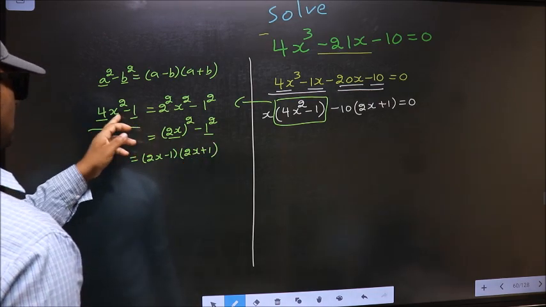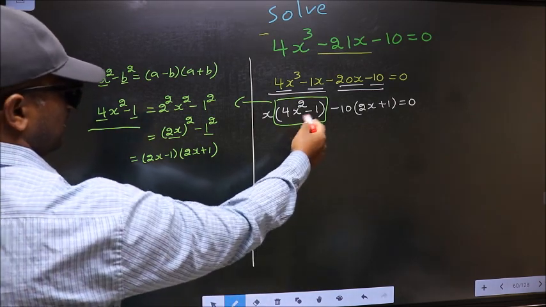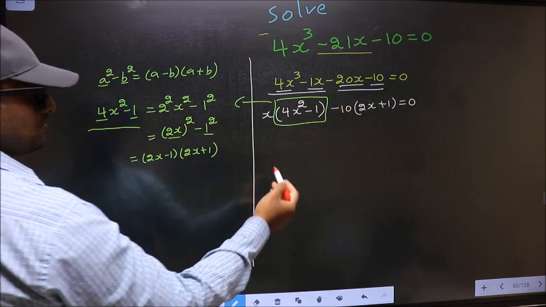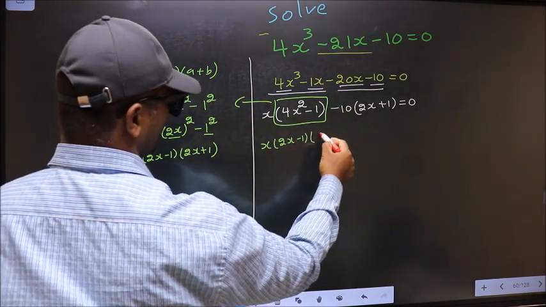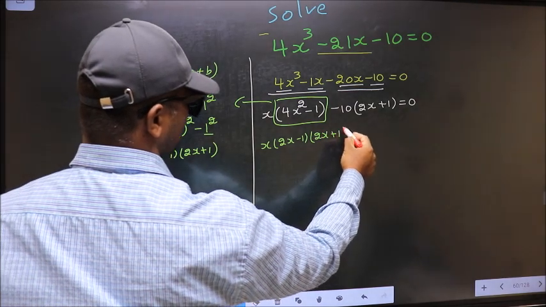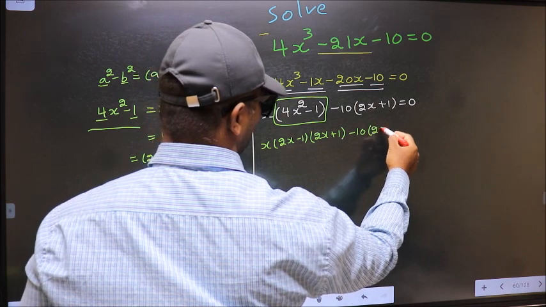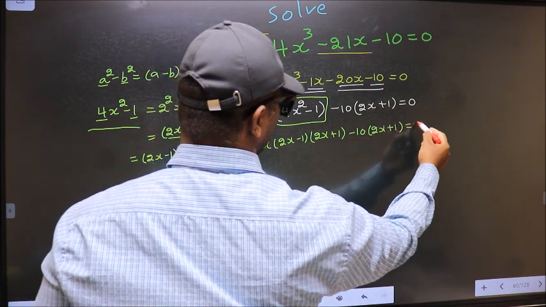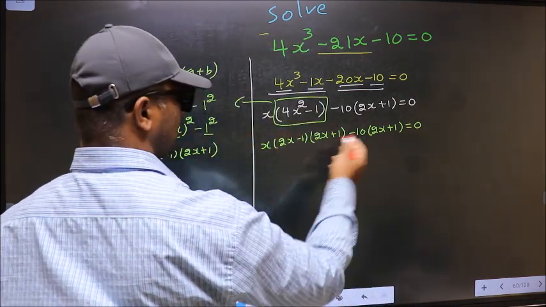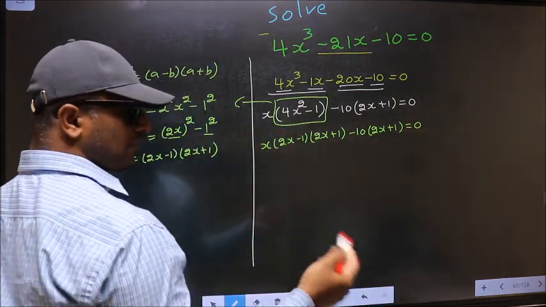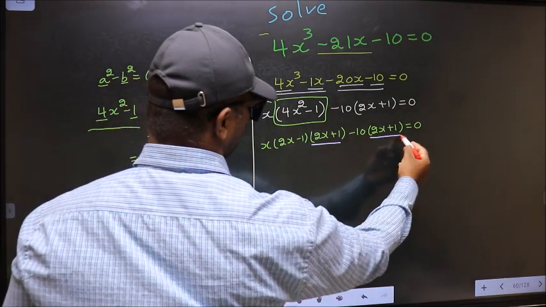So in place of this quadratic, now I write this over here. So this equation becomes x times 2x minus 1, 2x plus 1, this no change, equal to 0. Next, from this entire equation, what can be taken out common is 2x plus 1.